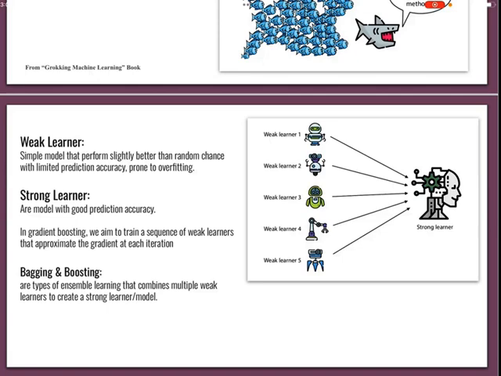In gradient boosting, for example, we aim to train a sequence of weak learners that approximate the gradient at each iteration. An example of gradient boosting is XGBoost, which we will cover in the next slides. But first, it's important to highlight that bagging and boosting are two types of ensemble learning that combine multiple weak learners to create a stronger learner or model.